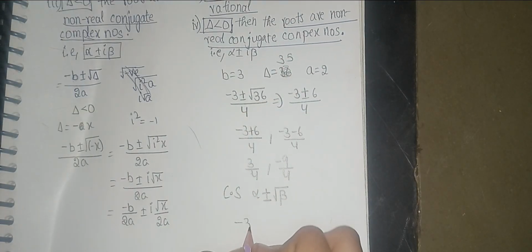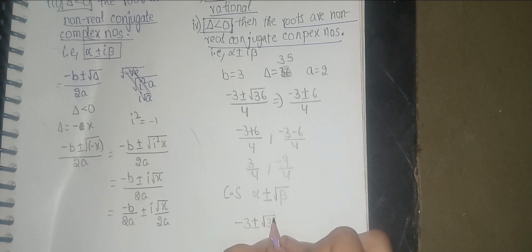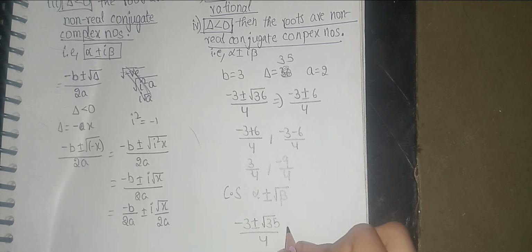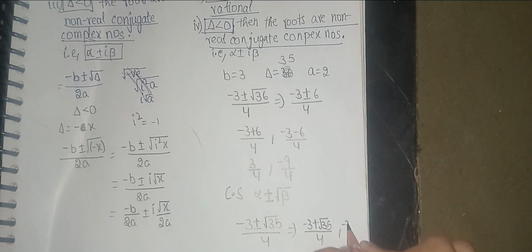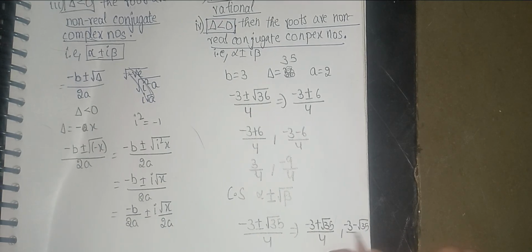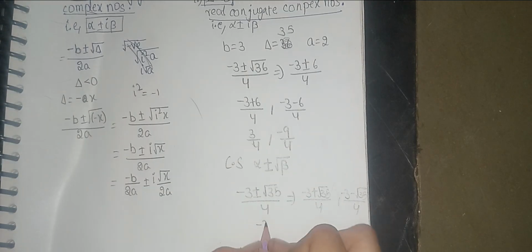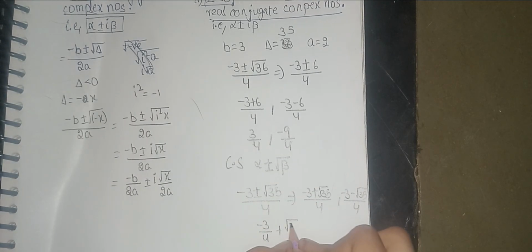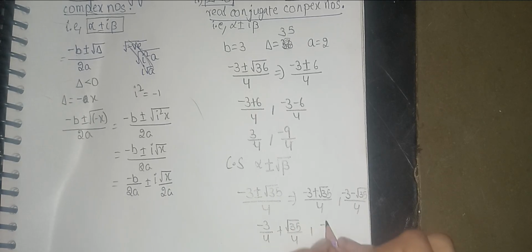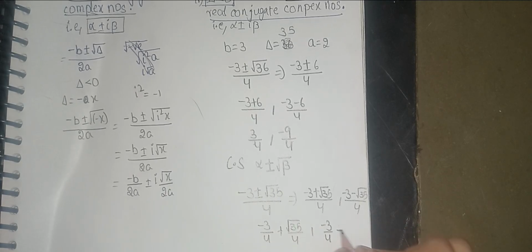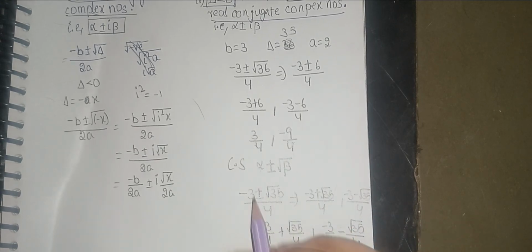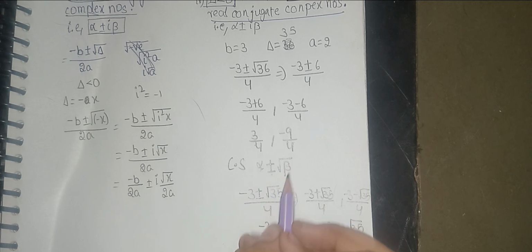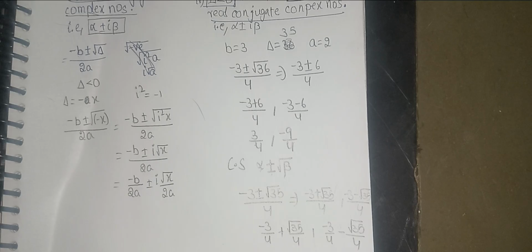Then it will be minus 3 plus or minus root 35 by 4, which is equal to minus 3 plus root 35 by 4, comma, minus 3 minus root 35 by 4, means minus 3 by 4 plus root 35 by 4, comma, minus 3 by 4 minus root 35 by 4, which is in the form of alpha plus or minus root beta. Understood?